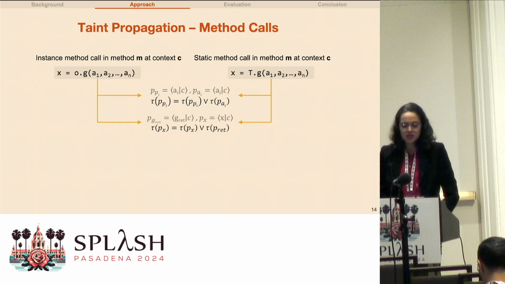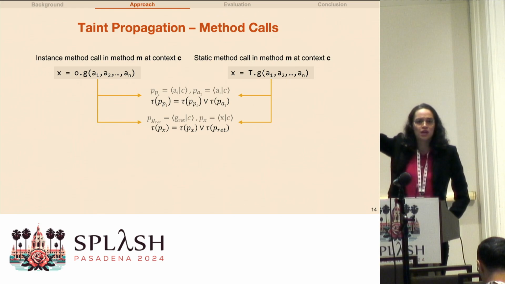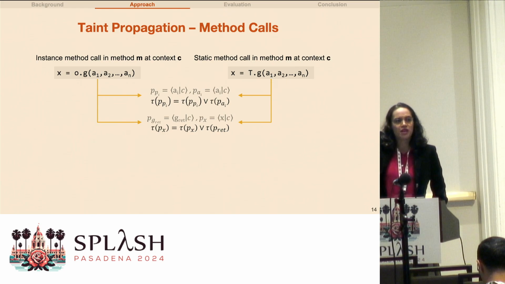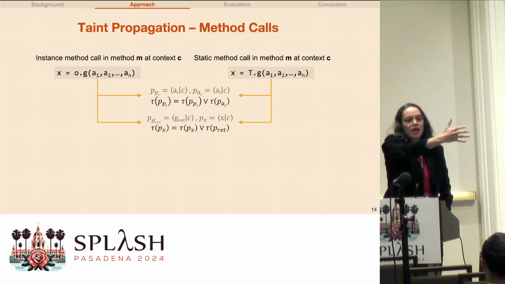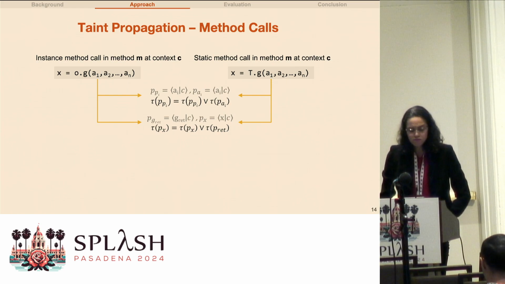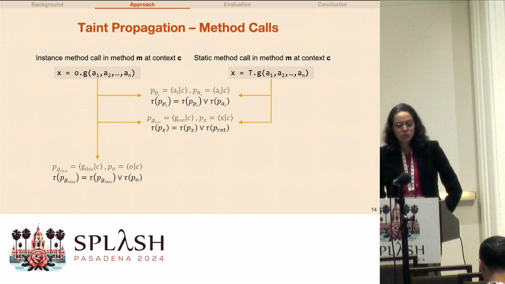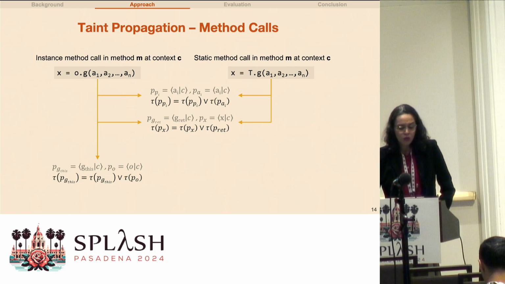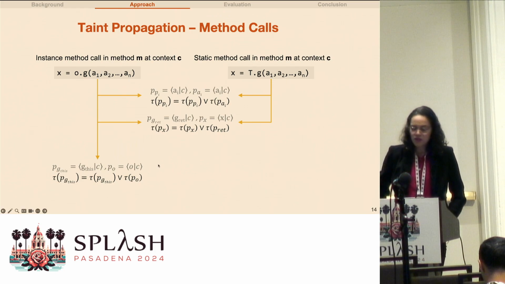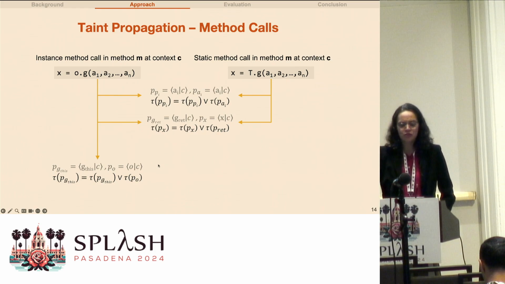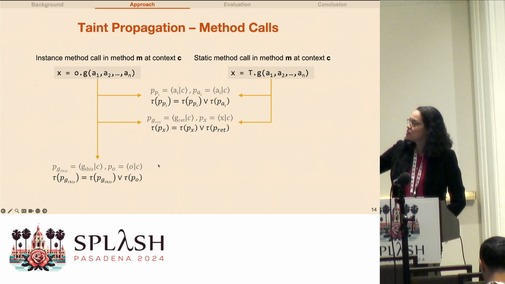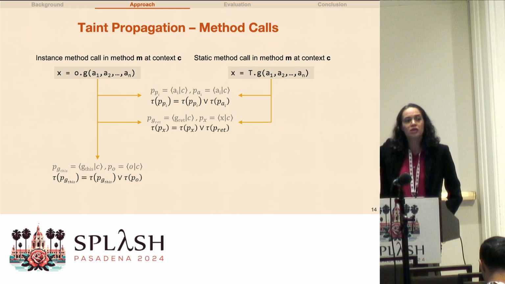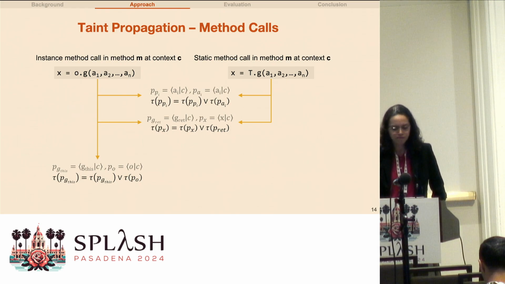And if that method is returning a value, the taint state of that return value should propagate to the receiving value. Another thing we do, in the case of instance methods, is that we propagate this pointer as well. So if the receiver object is tainted, this pointer at the caller should also be flagged as tainted.